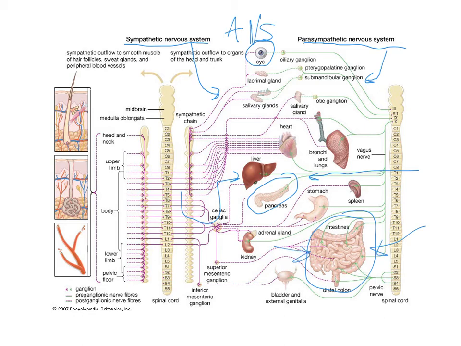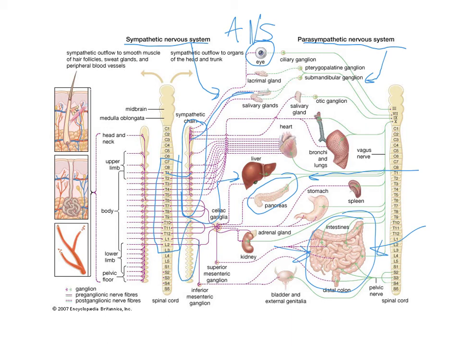And also on this diagram, you can see some of the main differences between the sympathetic and parasympathetic. The sympathetic comes out of the thoracolumbar region, and it has short preganglionic and long postganglionic fibers, and the ganglion is in the sympathetic chain right there.